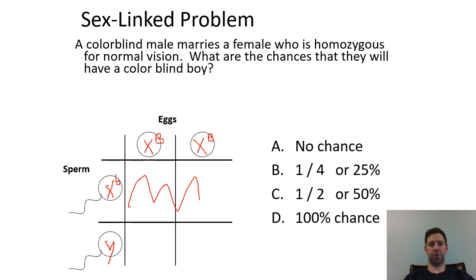So the top half of the Punnett square is where the female would end up, so I'm not even going to fill that out. I know that that's 50% of the possibility. Because the female is homozygous dominant, she is definitely giving a dominant allele to her son, so there is no chance that this couple would have a colorblind boy. So the answer there is A, no chance.